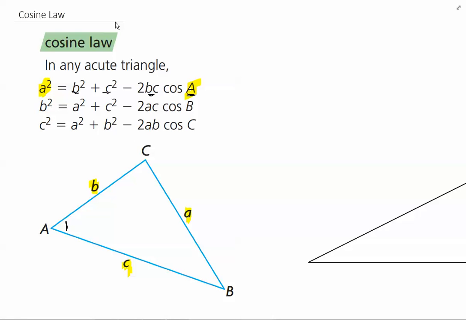So now if I'm looking for side B, that's here, I'm going to have the angle B on that side, so it's the cosine of B. And notice in the other spots I have A and C. Again, if I'm looking for C, I'll have the cosine of angle C, the angle opposite the side, and then the other two sides, A and B, fill in the other locations.